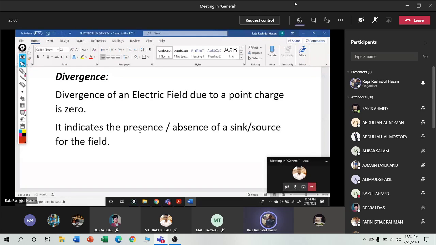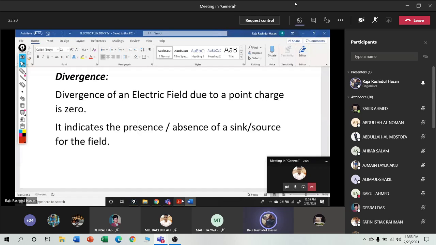And for a point charge distribution, it is 0. The divergence of an electric field due to a point charge distribution is 0.